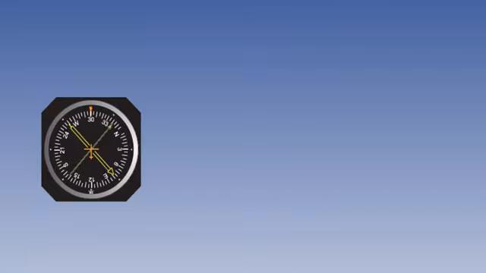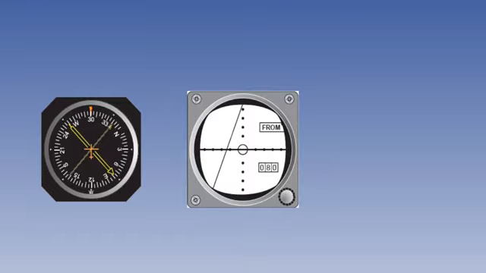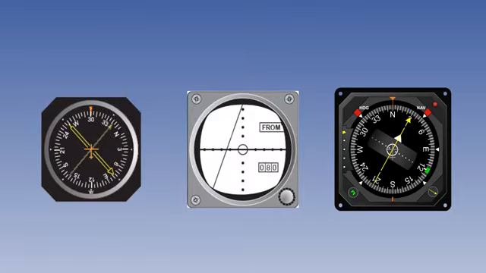Finally, we get to look at how to use the information from a VOR. This can be presented on one of three different instruments in the aircraft: the radiomagnetic indicator, or RMI, the course deviation indicator, or CDI, also called the omni-bearing indicator, or OBI, and the horizontal situation indicator, or HSI.